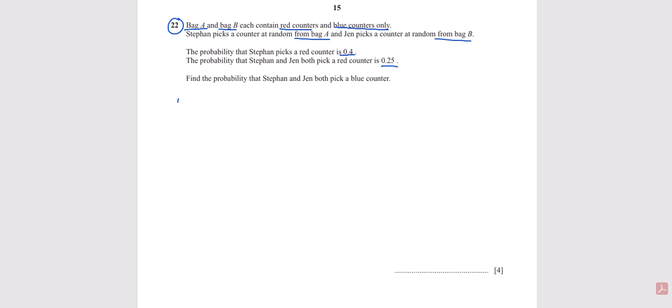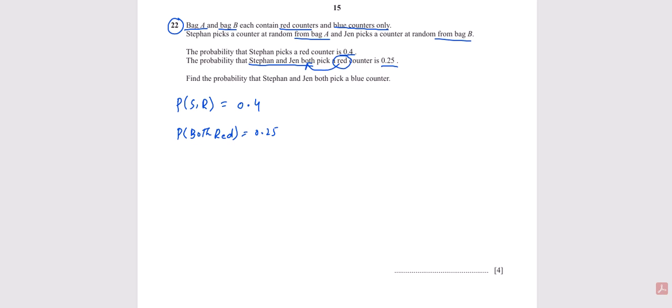First of all, the probability that Stephen picks a red counter is equal to 0.4, and the probability of both red, picked by Stephen and Jen, is equal to 0.25.